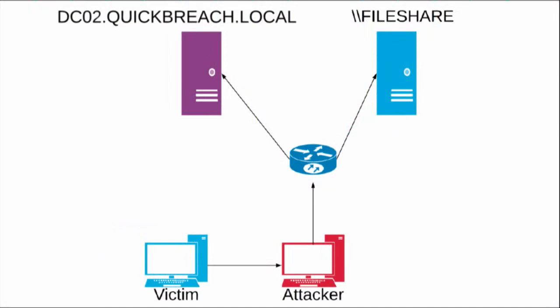So assume we've done an ARP cache poisoning attack on this victim, and we're between them and a switch. On the other end of the switch, it's going to be like a DC, and there's going to be just some file share.